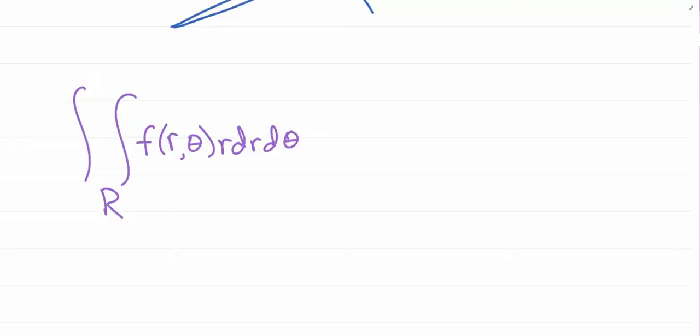We're trying to get the volume under that surface over this region, and this is a polar region. Okay, does everybody see that? Any questions? So instead of adding up all these right rectangular prisms, we're adding up these other things. They're kind of circular, right? Now, so let's look at this.